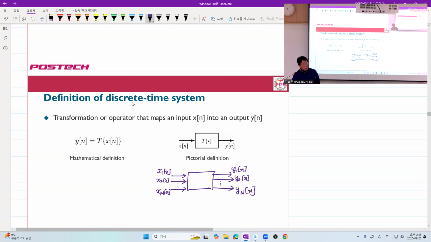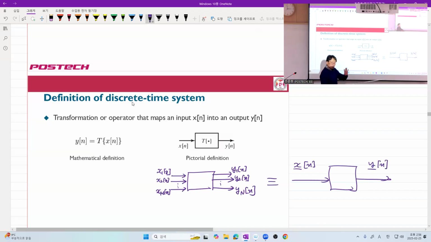And for convenience, sometimes we just write this way. Of course, different people, different societies use different notation, but I love this underline to denote its vector value.